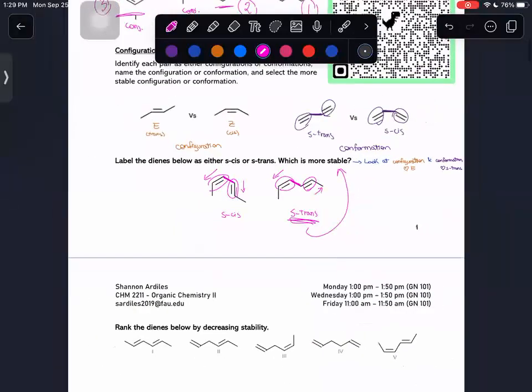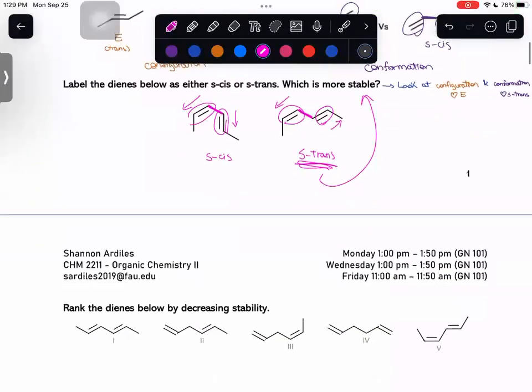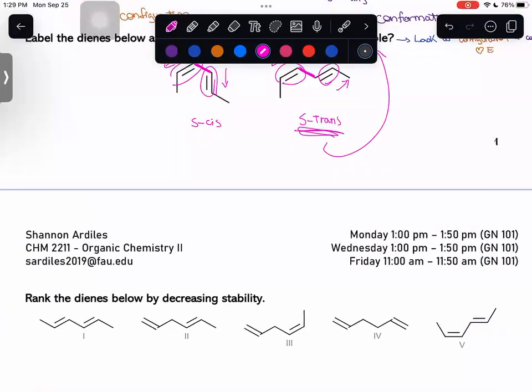Okay, now for the next one, let's look at 5 molecules. I'm going to give you 3 minutes max to try and rank them.